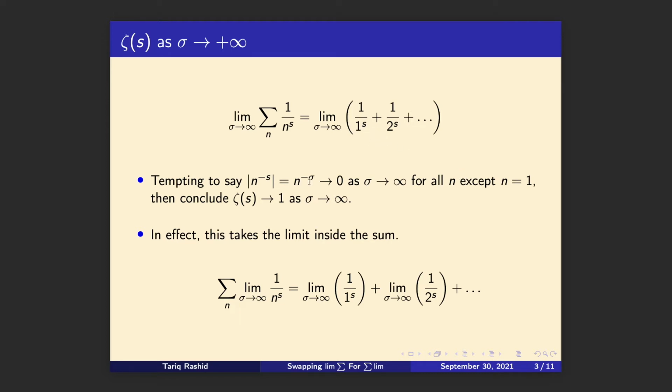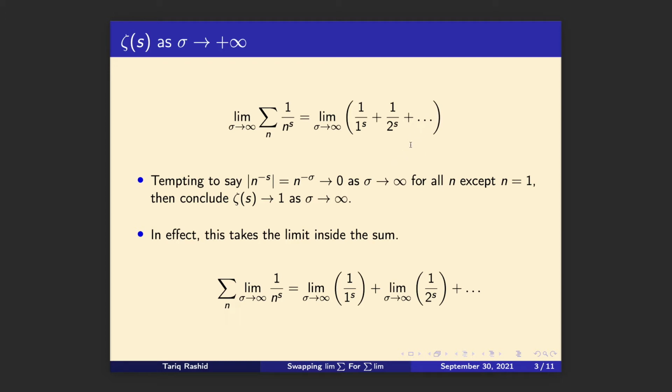So we concluded that what happens to this infinite sum, as sigma goes to infinity, is that all the terms except the first one get smaller towards 0 and in effect vanish in the limit. That's a really nice analysis. It's convenient. It feels quite neat.